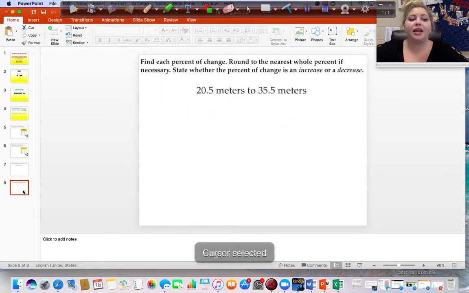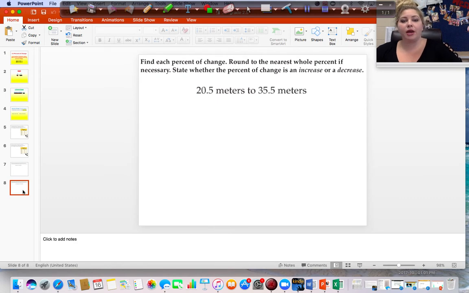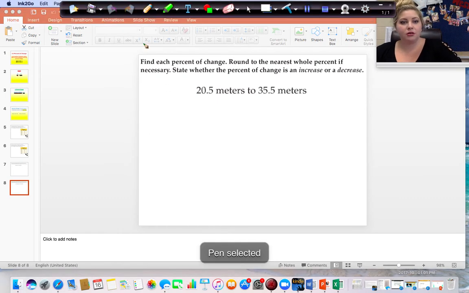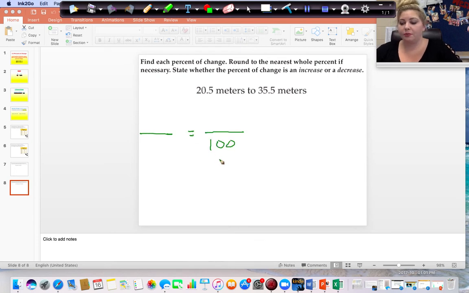Okay, and our last problem, we need to put our proportion down. 100 always goes on the bottom right. Our original, which is 20.5, goes on the bottom left. We are looking for the percent of change, so an x goes where the percent normally goes.